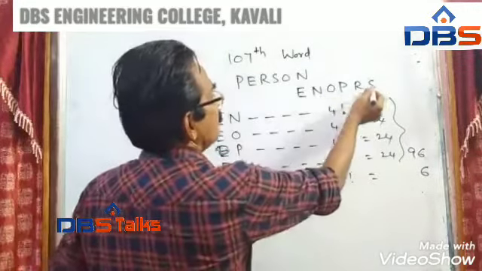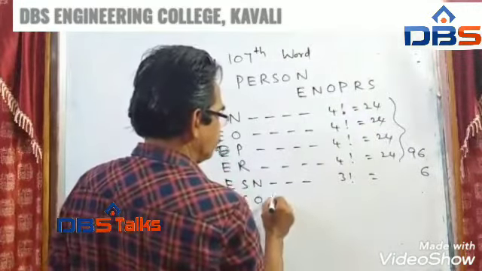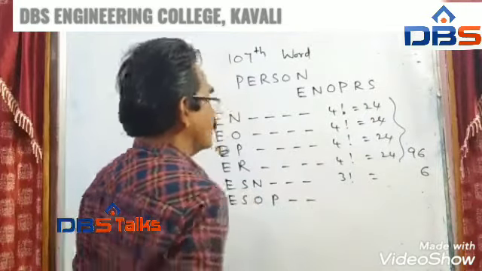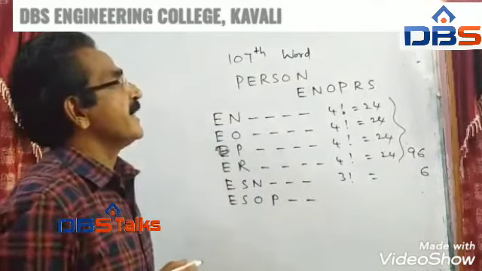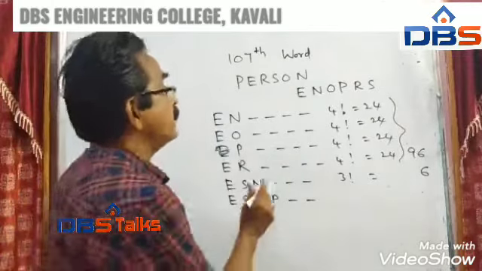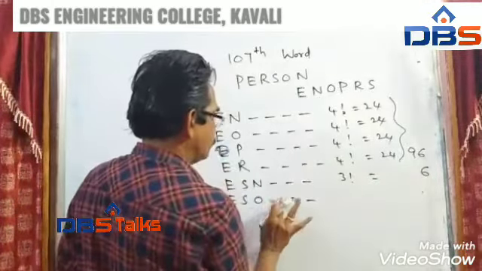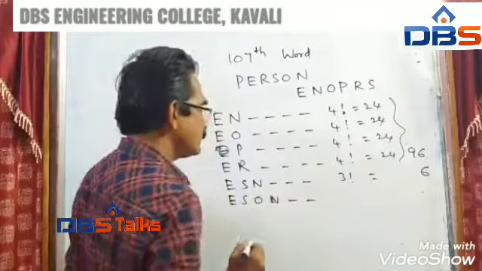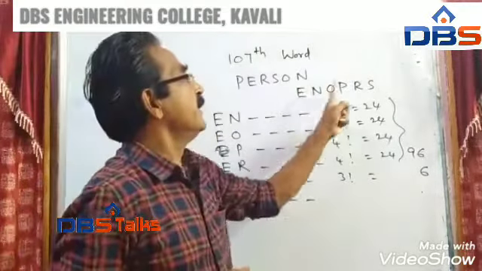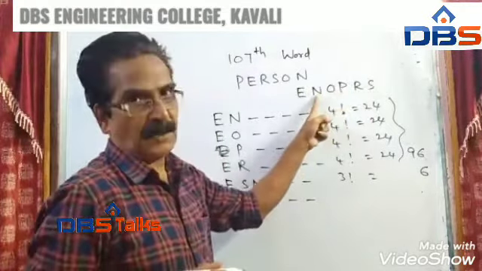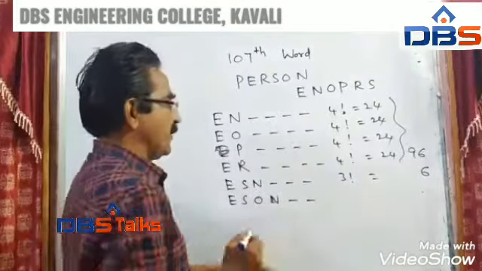ESO. The next smallest letter is N. ESON.